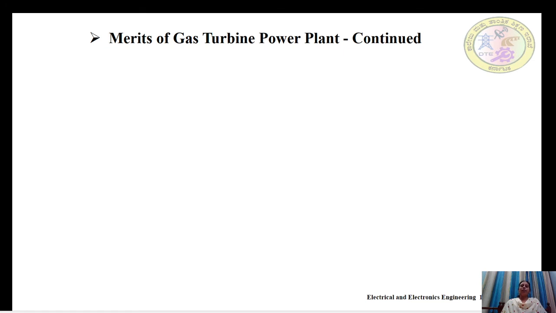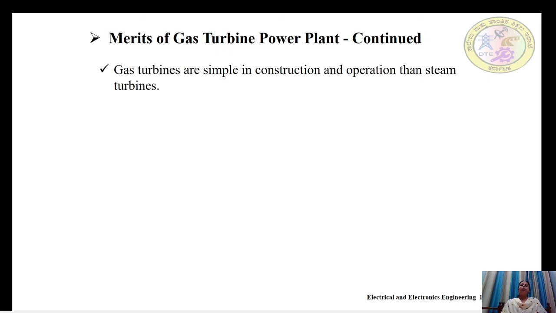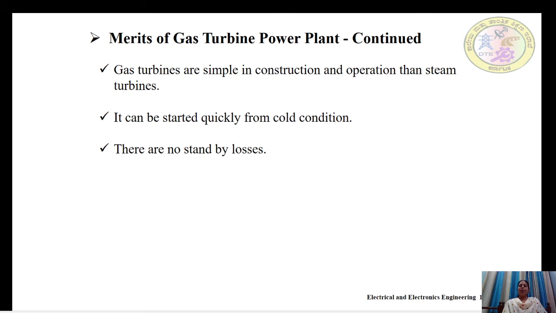Continuing with the merits of gas turbine power plants, next we'll see gas turbines are simple in construction and operation than steam. Whether construction or operation, gas turbine power plants are simple compared to steam turbine power plants. It can be started quickly from cold condition. There are no standby losses. Why are there no standby losses?